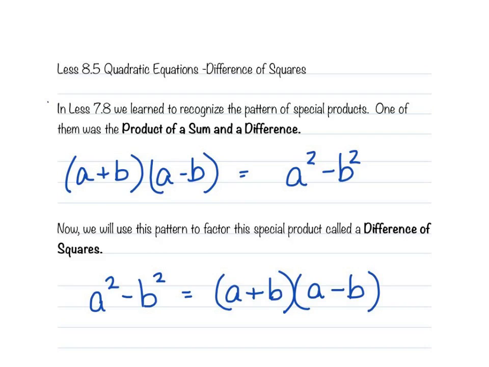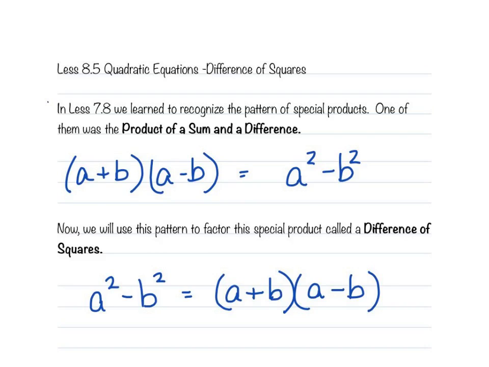In Lesson 7-8, we learned how to recognize the pattern of special products. One of those was the product of a sum and difference. If you recall, we learned that when we multiply a sum and a difference, such as a plus b times a minus b, the product is a difference of squares, the first term squared minus the second term squared.